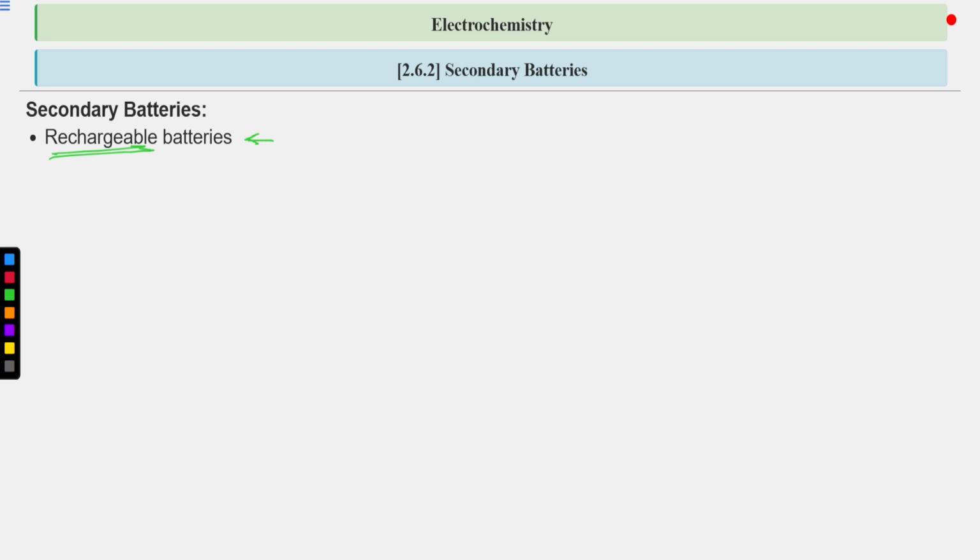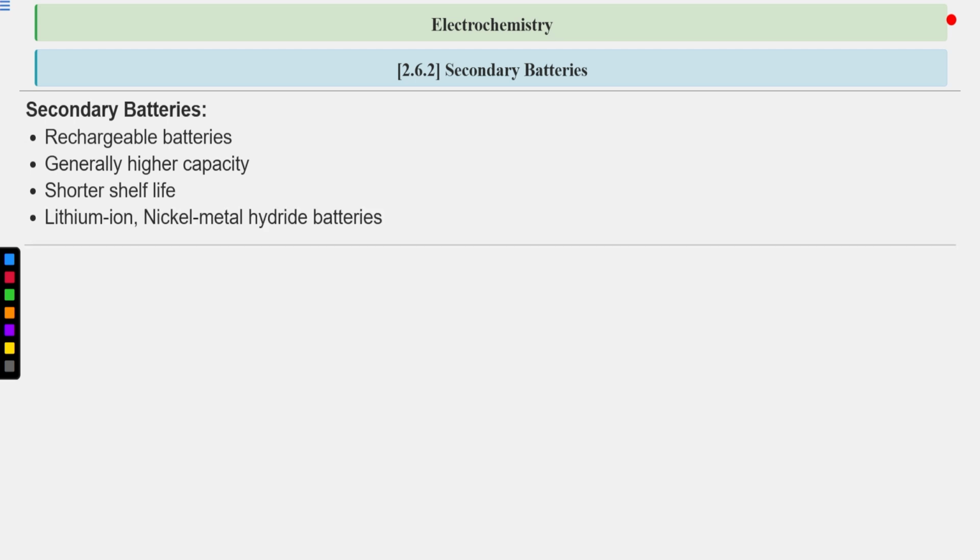They generally have higher capacity, so they can store more, but a shorter shelf life. Examples of secondary batteries are the lithium ion battery and nickel metal hydride batteries.